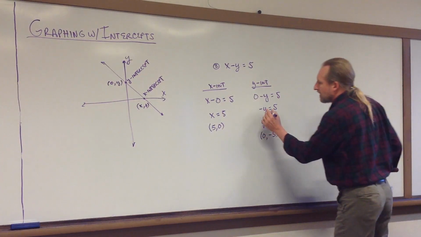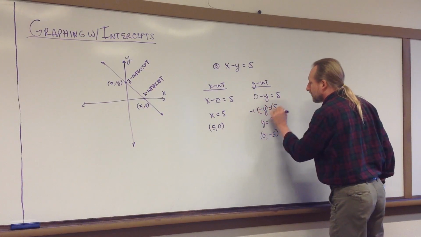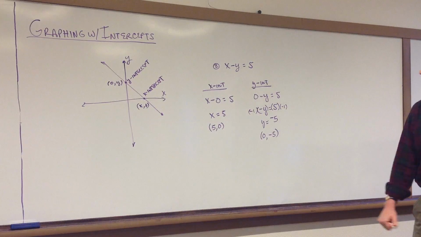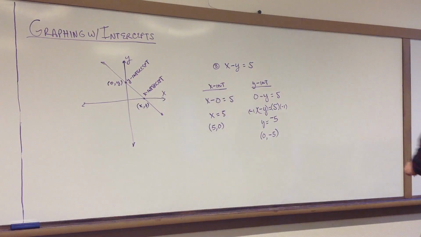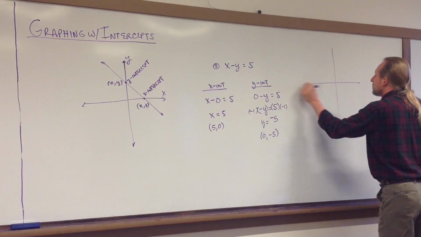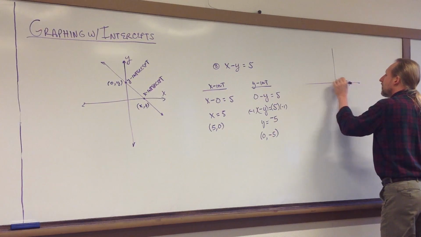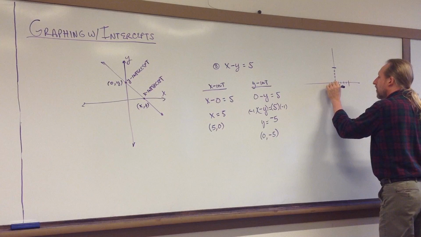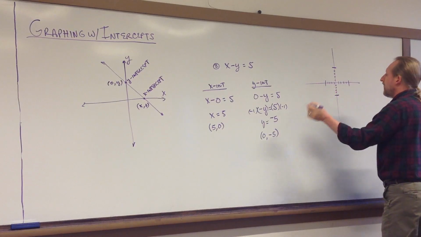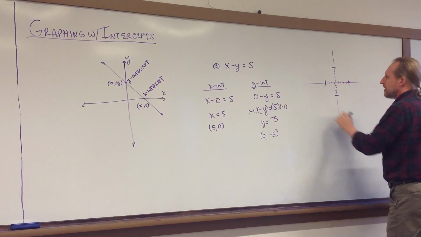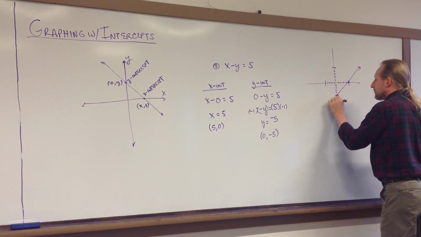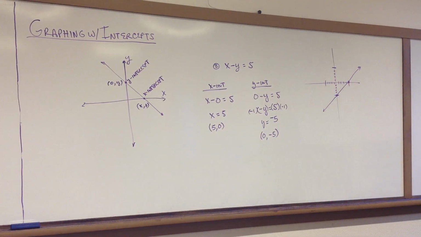In this step, I just divided or multiplied on both sides by -1. So there's our intercepts, and then we want to use that to graph the line. So 5, 0 is over here, 0, -5 is down here, and so our line will look something like that.